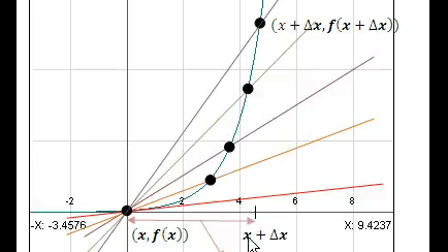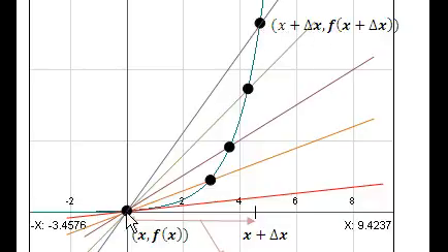If x were 0 and delta x were 4.5, then this whole thing would be 0 plus 4.5, which is just 4.5. So we come out some delta x, and I go straight up. That's my y value, f of x plus delta x, and this is my new x value, x plus delta x.